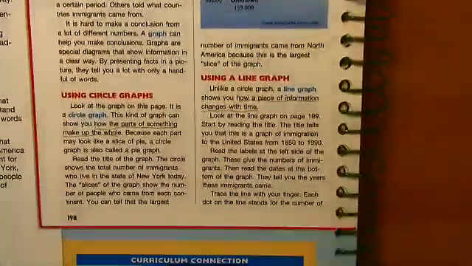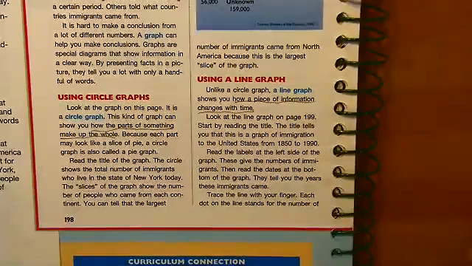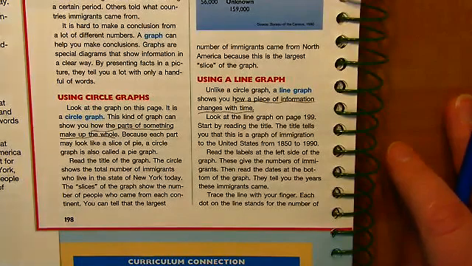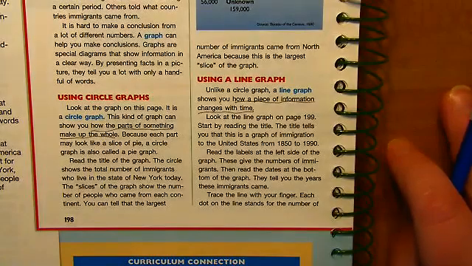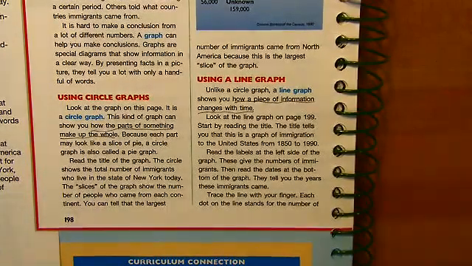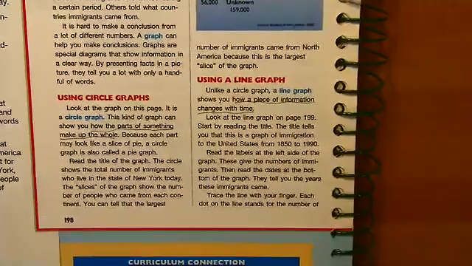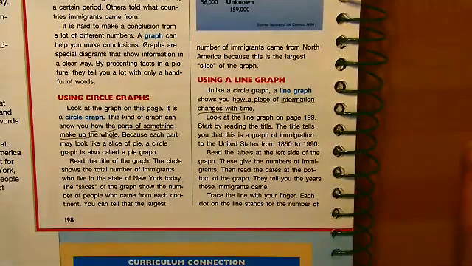Using circle graphs. Look at the graph on this page. It's a circle graph. This kind of graph shows you how the parts of something make up the whole. This is math. These are fractions. Because each part may look like a slice of pie, a circle graph is also called a pie graph. Read the title of the graph. The circle shows the number of total immigrants, the total number of immigrants who live in the state of New York today.